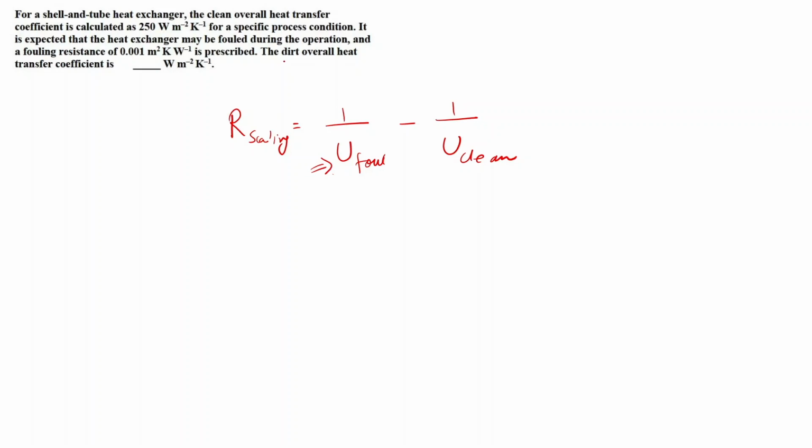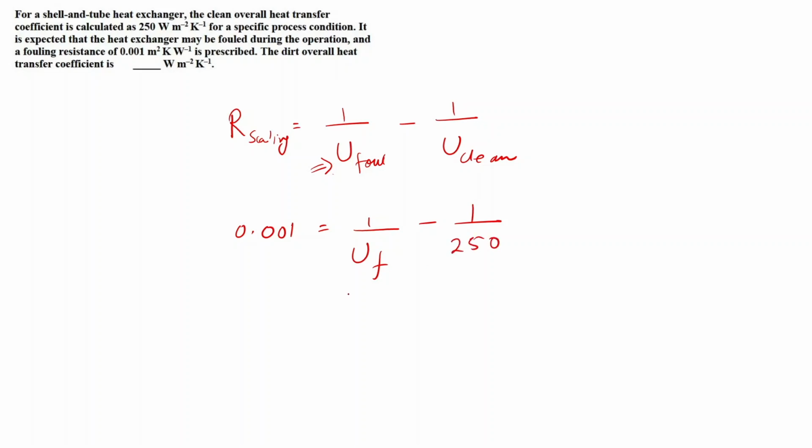And here we have been given the fouling resistance of 0.001 meter square Kelvin per watt. So we can write this as 0.001 is equal to 1 upon UF minus 1 upon the clean overall heat transfer coefficient, which is 250 watt per meter square Kelvin.